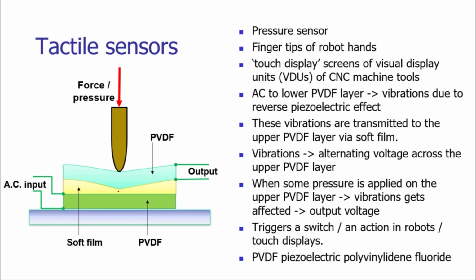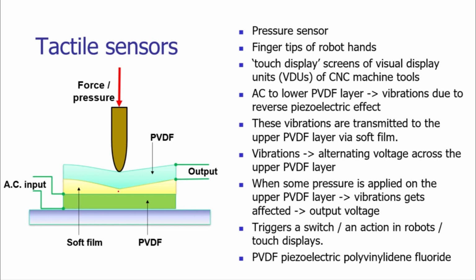We have seen in the previous slide, as we apply pressure, there is a change in voltage across the surface of the material. The reverse is also true. If we give electrical potential to piezoelectric material, there would be expansion of the material. So as we give AC input to this lower PVDF material, there will be generation of vibrations.